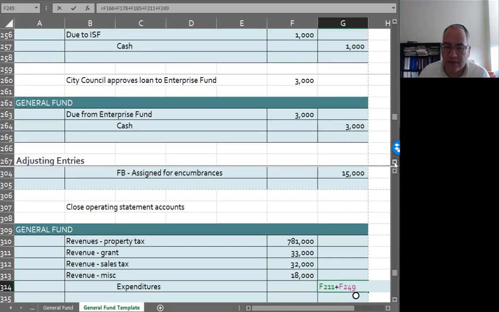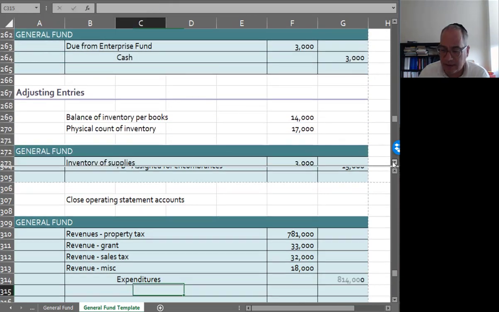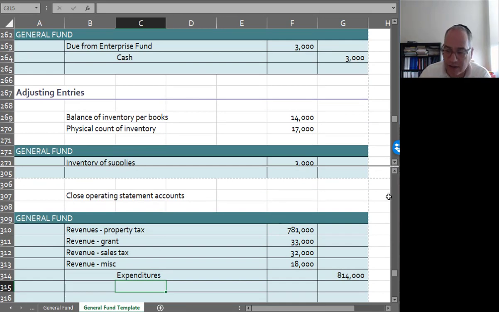I think there's something else somewhere. I think that's it. $814,000, and that's missing something. That's missing the supplies.